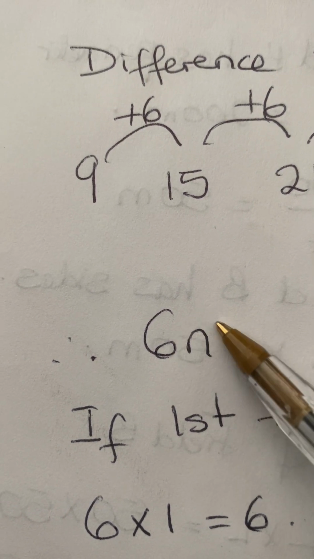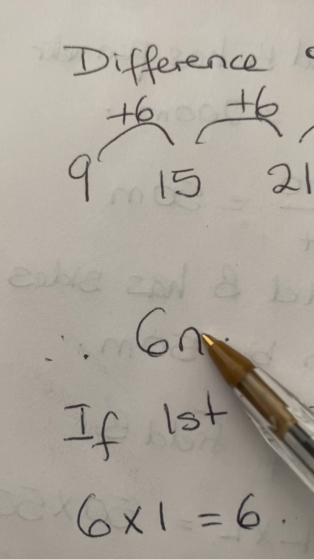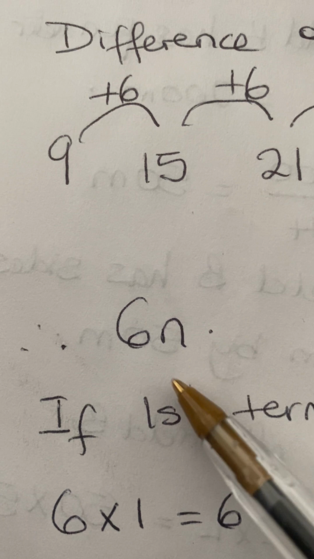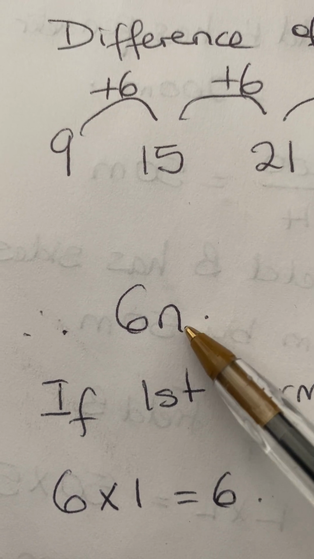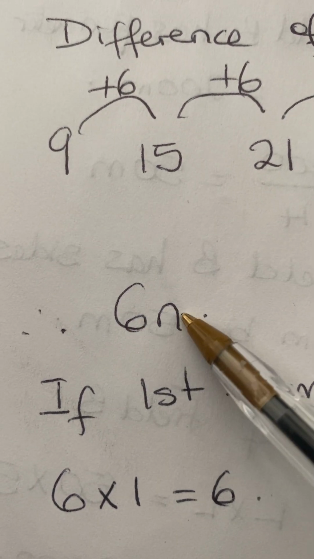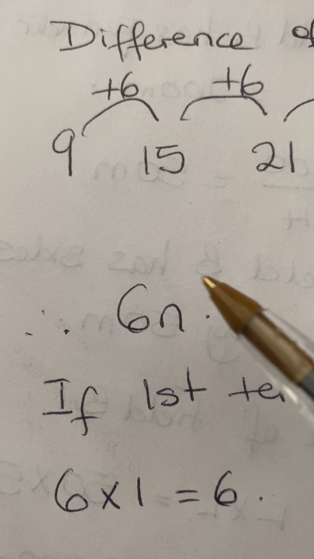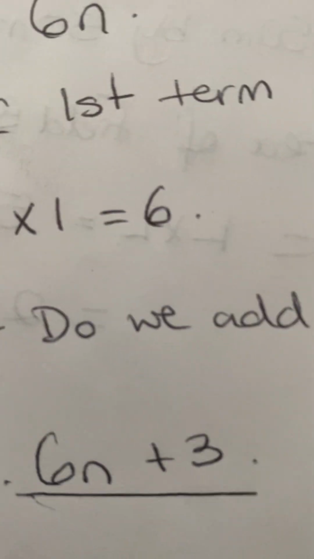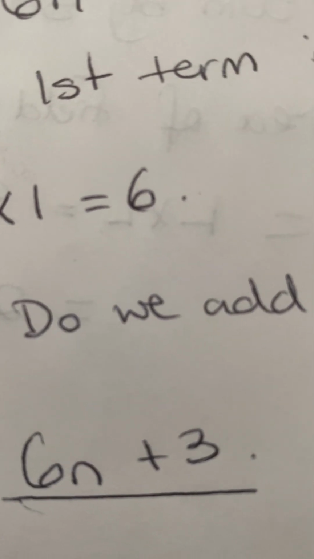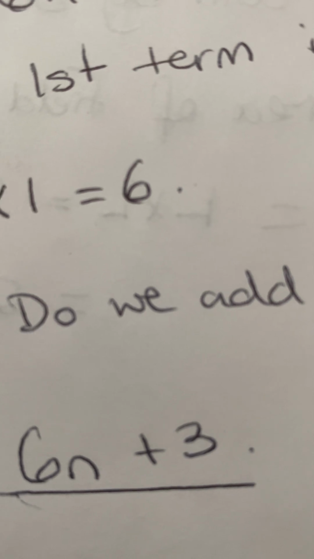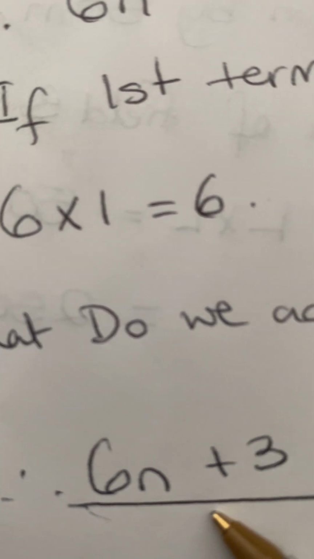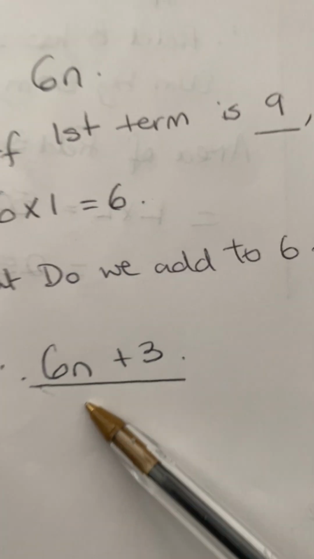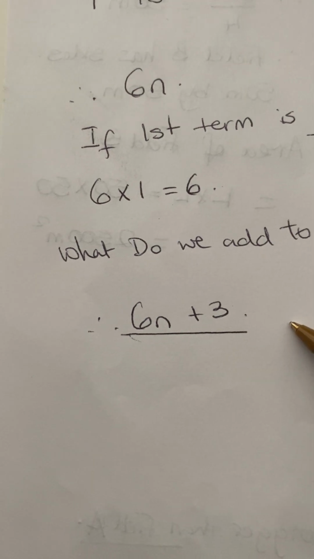So the first term is 6n, where n equals 1. 6 times 1 is 6. What do we do to 6 to get 9? We add 3. So the nth term, or our position to term rule, becomes 6n plus 3.